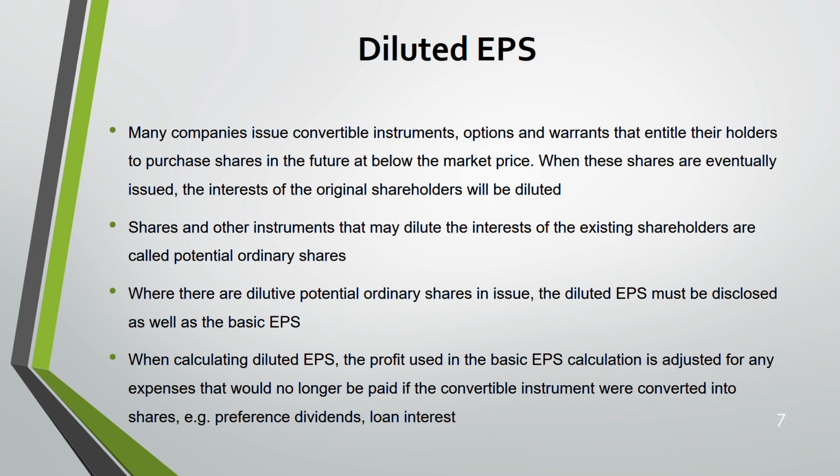That profit that you use for basic EPS calculation, you need to adjust it. How? Because you are converting or you are issuing ordinary shares in the future, there will be so many expenses that you don't have to pay. For example, if you have converted debt into shares, earlier when it was debt, you were paying interest, you were paying preference dividend. Now you don't have to pay once it is converted to shares. So you have to take it out.